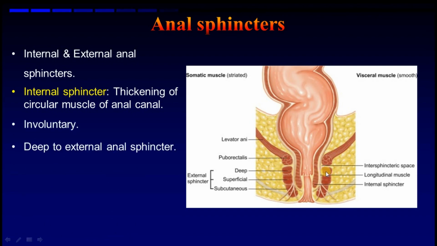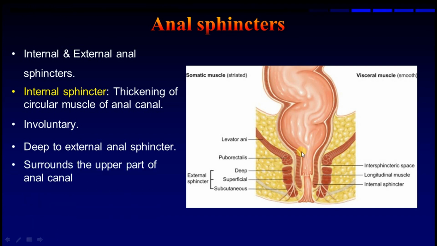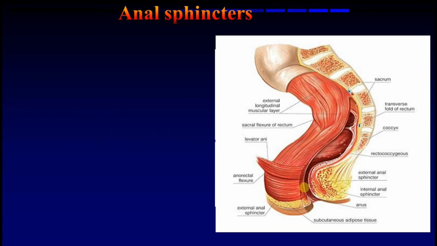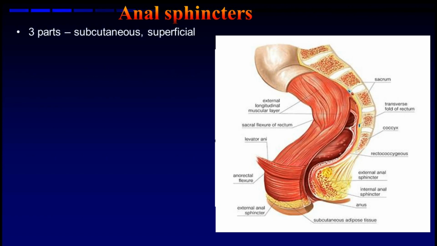It is present deep to the external anal sphincter and surrounds the upper part of the anal canal, and its lower margin corresponds to the white line of Hilton. The external sphincter you see as three parts: subcutaneous, superficial, and deep.